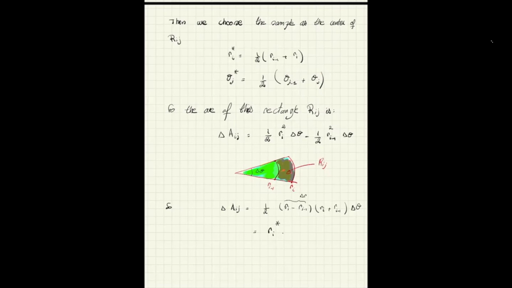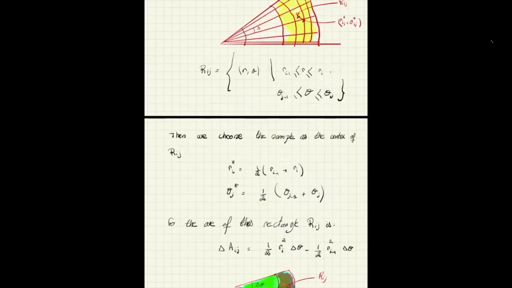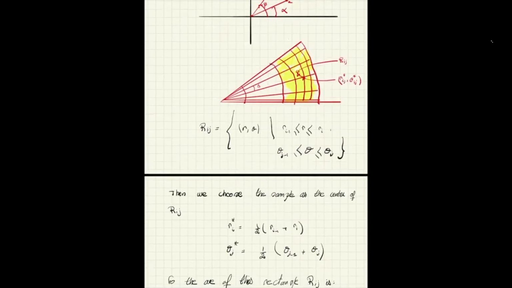We divided all of these along the radius into m small delta r's, times delta theta. So these are the delta theta here. All of them have delta r.